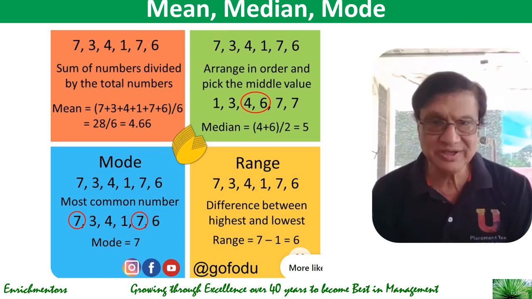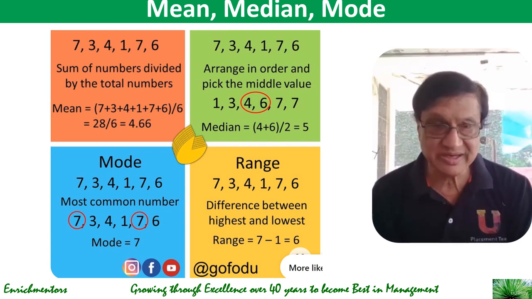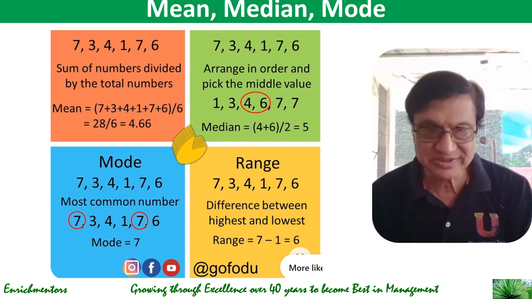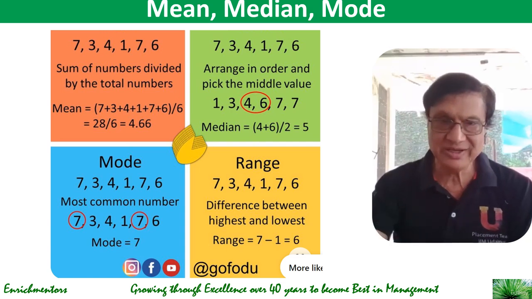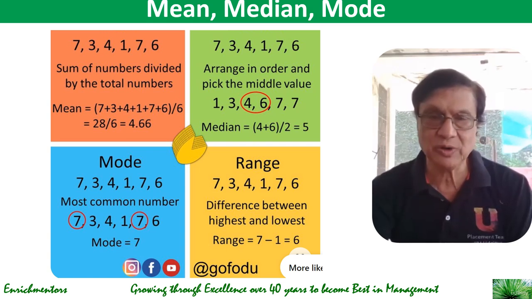And here the median is 4 plus 6 divided by 2 equal to 5. Mode is the most common number, and here 7 is the mode, and range is the lowest and highest, which is 7 minus 1 equal to 6. So that's how you figure out mean, mode, and median values for the statistical part to use in your missing values.